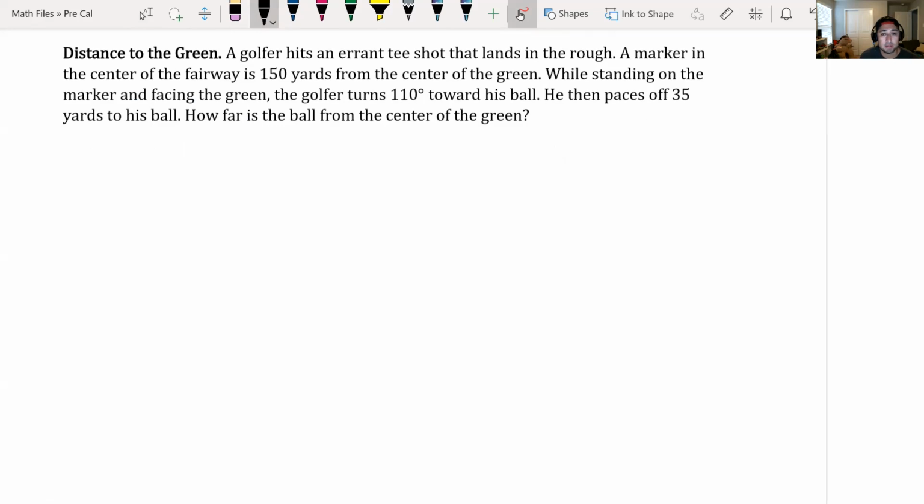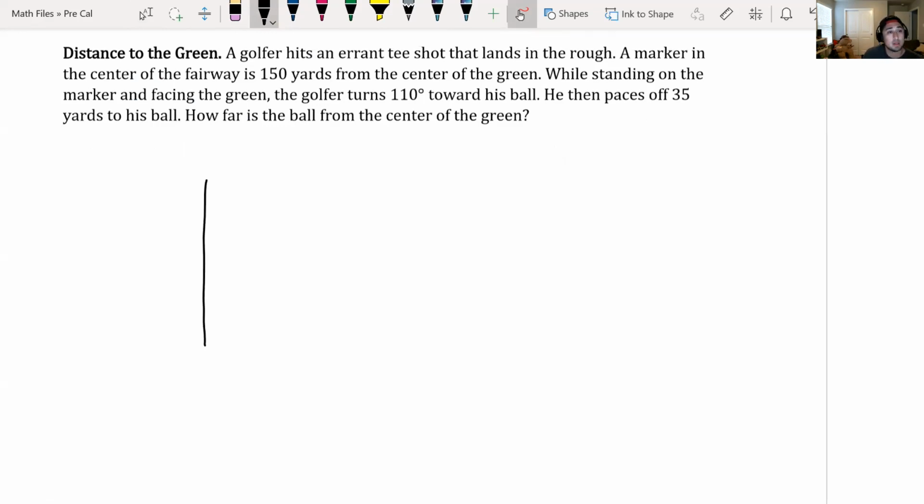So the golfer hits a tee shot that lands in the rough. A marker in the center of the fairway is 150 yards from the center of the green. Okay, so we're trying to hit it straight this way.